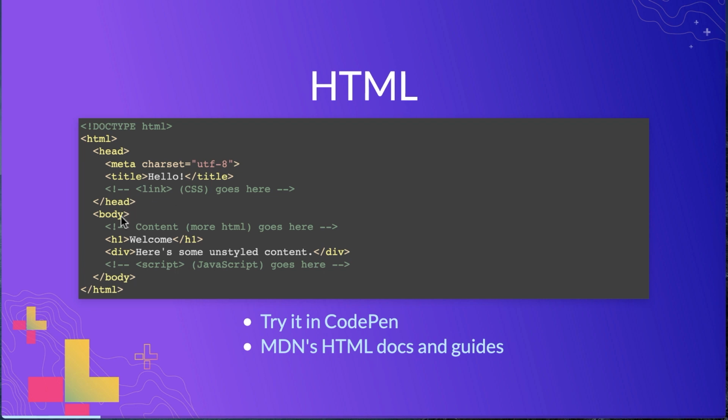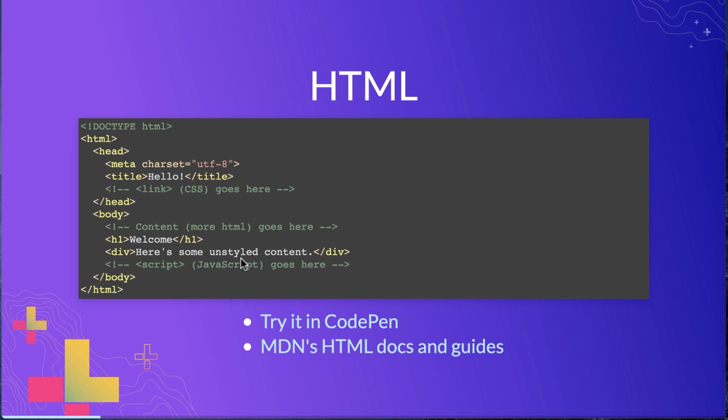And then here inside of this body tag, we have content. Here we have a header saying welcome and some more unstyled content. And then any other content just continues to flow inside of that body tag. And then script tags, where we link to JavaScript, go right before our closing body tag. And the order here is pretty important because web pages load in order.